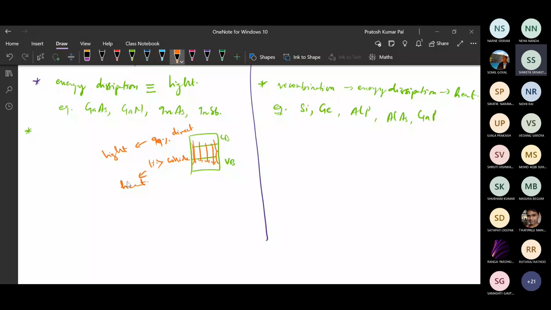But in case of indirect band gap, during the recombination, most of the free electrons falling from conduction band to valence band will go through the intermediate level.